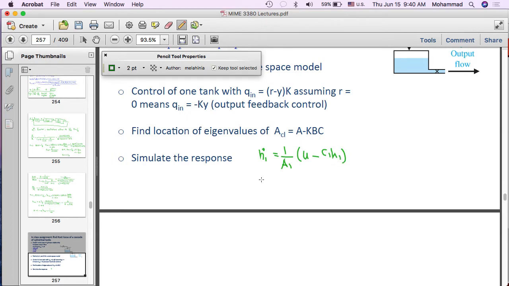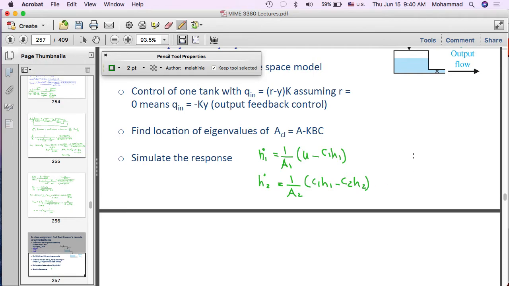That's H1 dot. H2 dot is 1 over A2 times C1 H1 minus C2 H2. That's the exact differential equation that we had from the past, just rewritten so it would be easier to convert into a state space model.